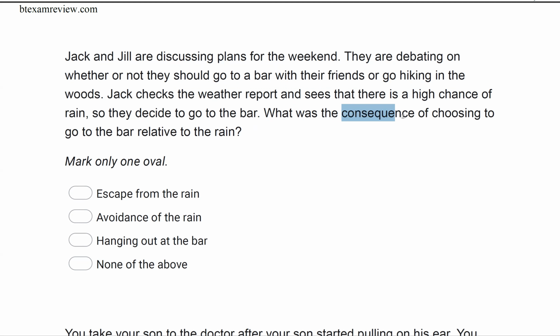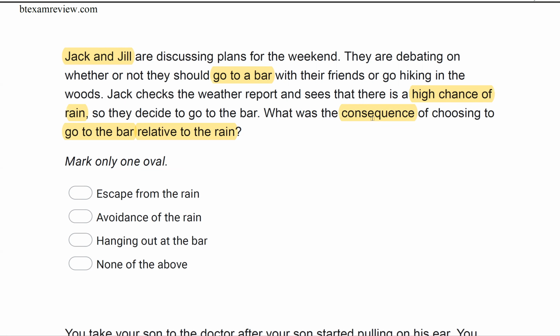They're asking about the consequence, okay, the outcome, the result of choosing to go to the bar relative to the rain. Essentially, what have Jack and Jill accomplished? And what is the consequence of Jack and Jill deciding we're going to go to the bar based on the rain? Well, you have to ask yourself, when they found out rain was coming, what did that signal to them?